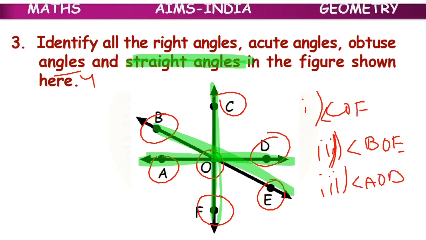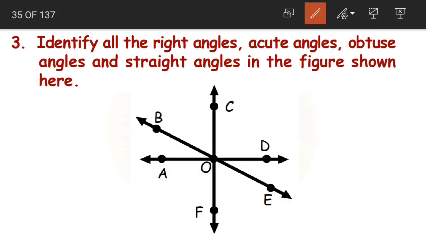What did we learn today? With this, we've come to the end of today's class, children. We've learned about the different types of angles. Let me highlight here. We've learned about right angles, the angles that are in L shape. Then acute angles, the angles that are smaller than right angles.